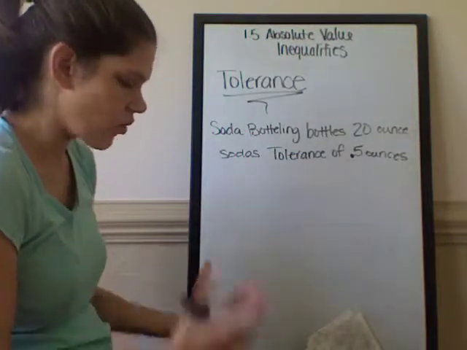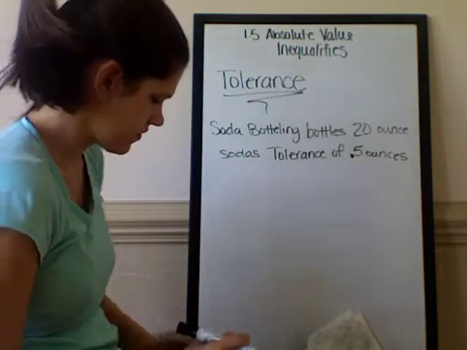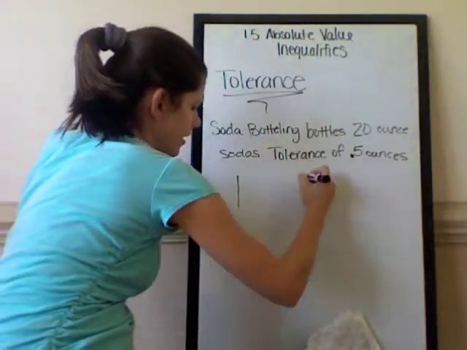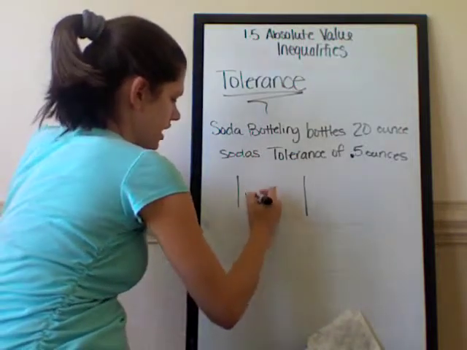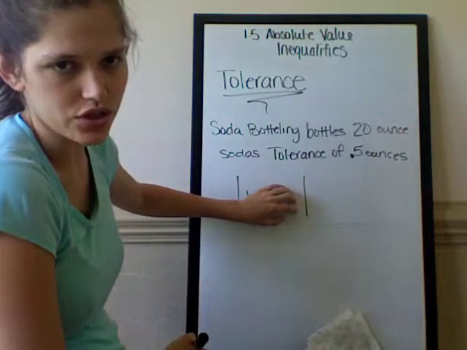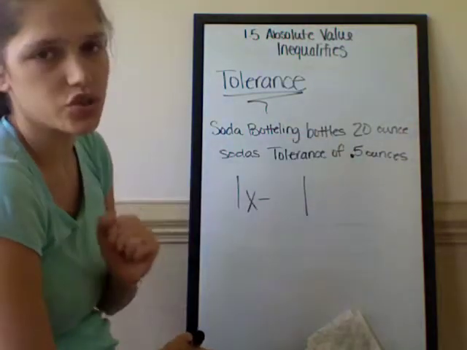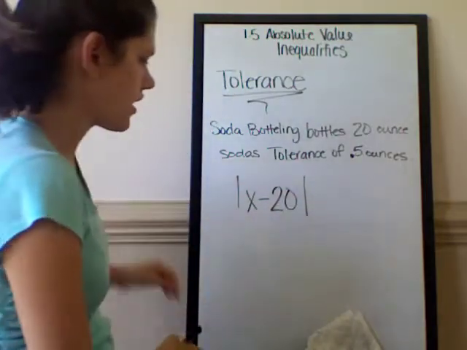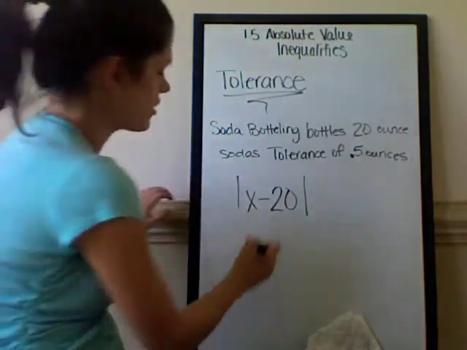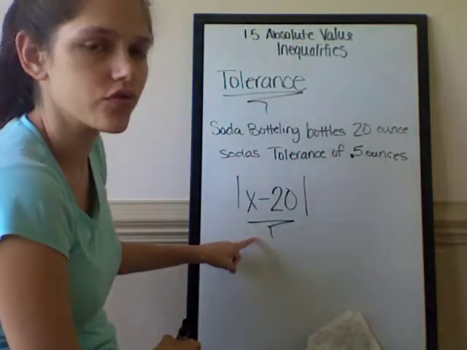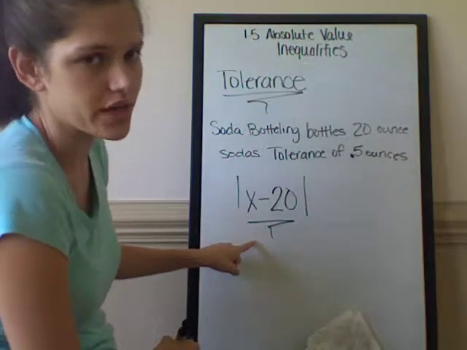Now, it's always going to look the same. We're going to have absolute value of x minus, here's where your ideal situation goes, which in this case is your 20 ounces. Okay, what this part right here does, it tells you how much over 20 ounces or under 20 ounces you are.